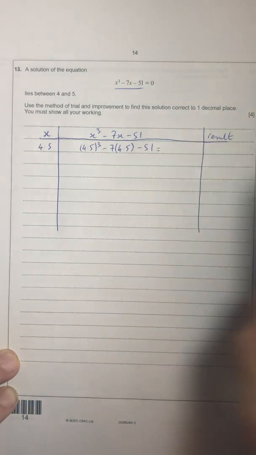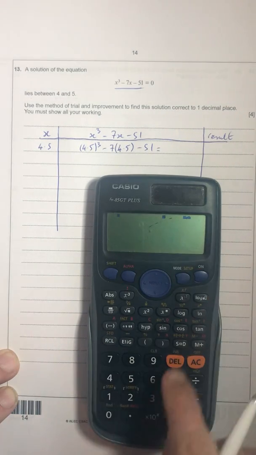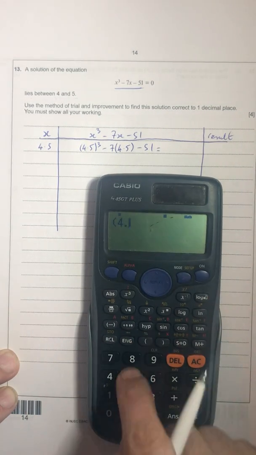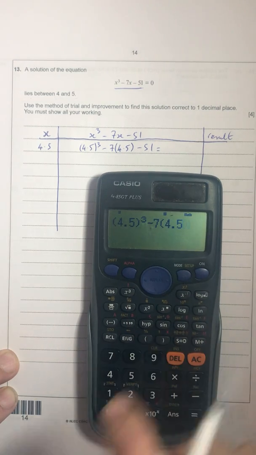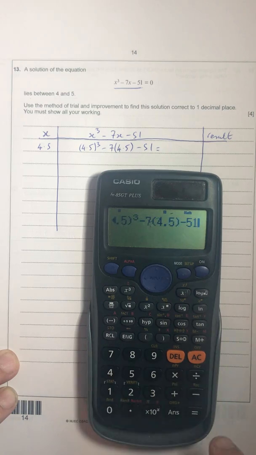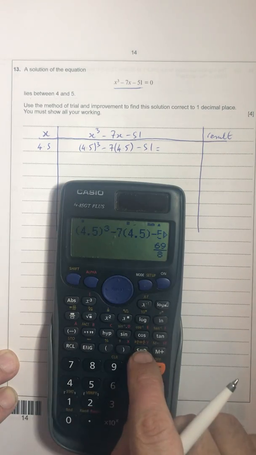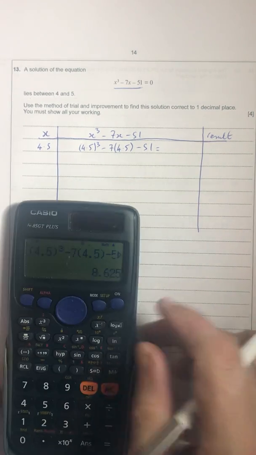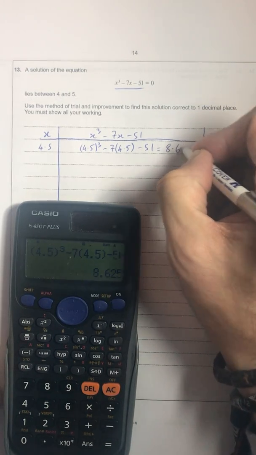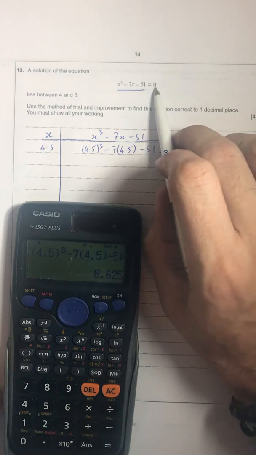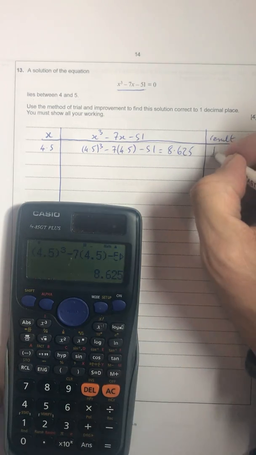If I just work that out on my calculator, I've got open bracket 4.5, close bracket, press the cube button, minus 7, open bracket 4.5, close bracket, minus 51. And that gives me 69/8, but if I press the SD button, then it will change it to a decimal for me. So I've got 8.625.